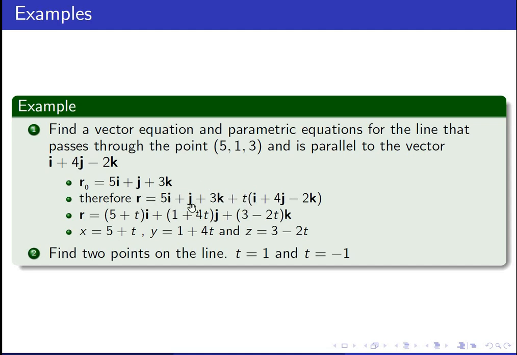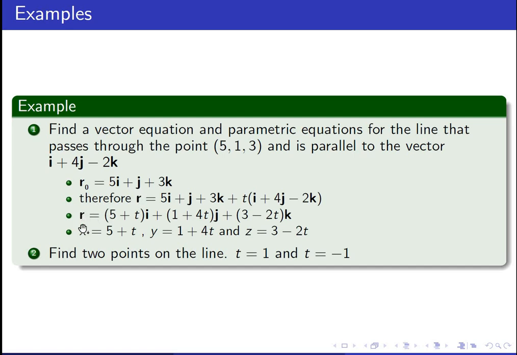So obviously r0 is given as this, and the direction vector is given as this vector over here. If we group together the i, j, and k's, we get (5 plus t)i plus (1 plus 4t)j plus (3 minus 2t)k, which is the vector equation. So we already found the vector equation.